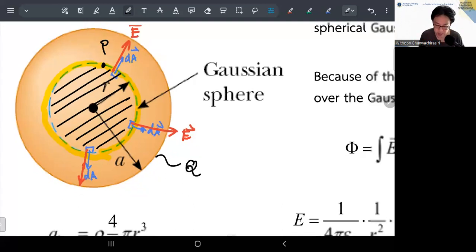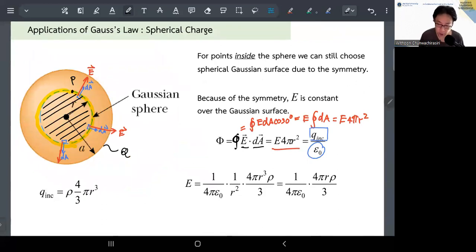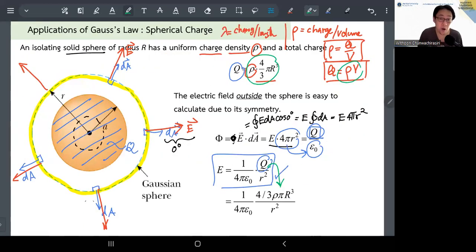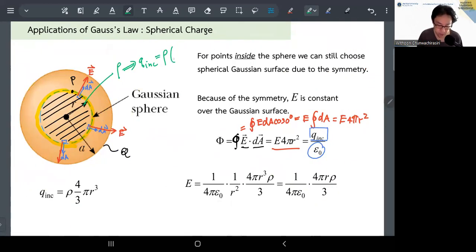So how much is that? Well, that's easy, because rho is the charge density. Let me call it Q included. It's just the charge density multiplied by the volume. You take the volume of that small sphere, four thirds pi small r cubed. That is the amount of charge that you need to include.